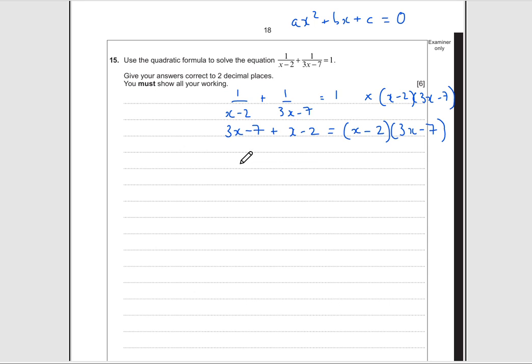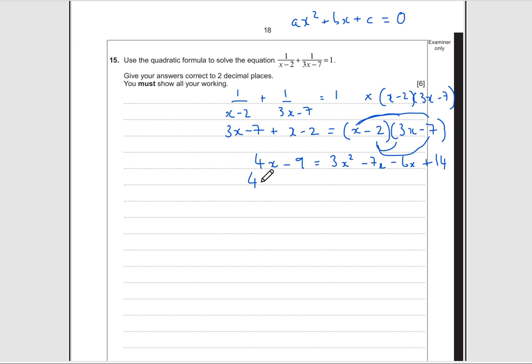Okay, so I could do simplifying this a little bit. I'm going to collect together my terms on this side. I get 4x minus 9. Here I'll just multiply out this side too. So 3x squared minus 7x minus 6x plus 14.